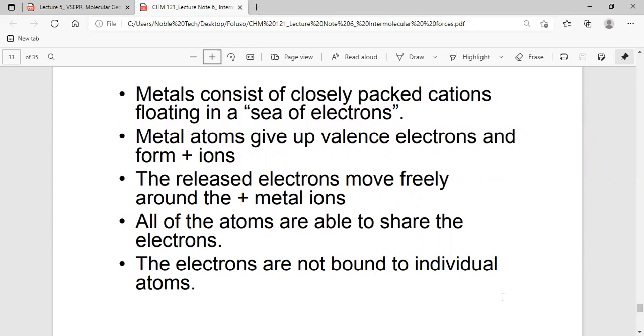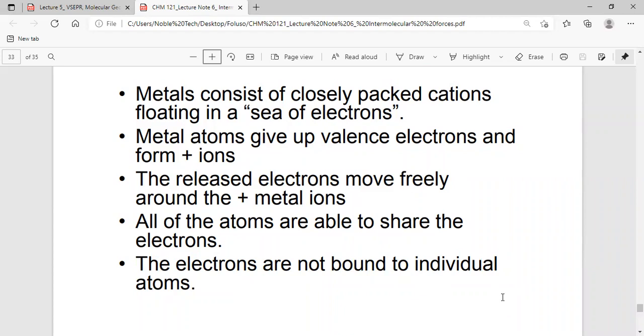Metal atoms give up their valence electrons to form this electron sea. The released electrons move freely in the metal. Because of that, metals have the ability to conduct electricity and heat, and a very strong bond that gives them high melting and boiling points.